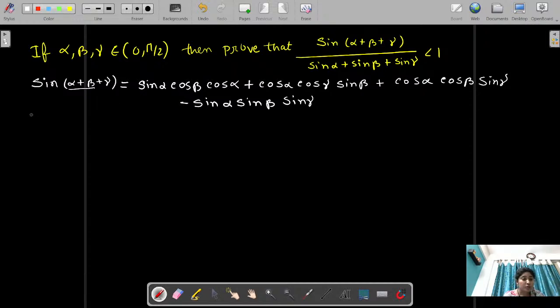Now I will do a little bit of manipulation here, which is very important. What I need to do is subtract what is given here: sine alpha plus sine beta plus sine gamma.